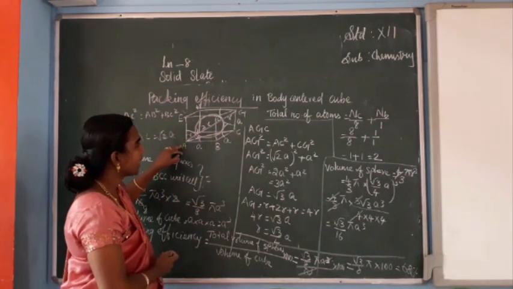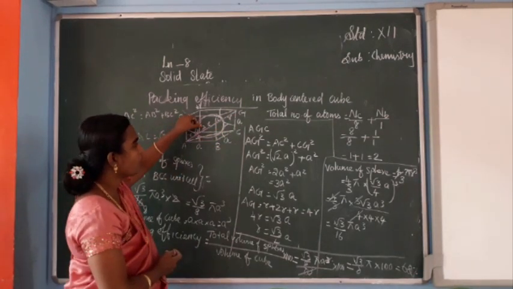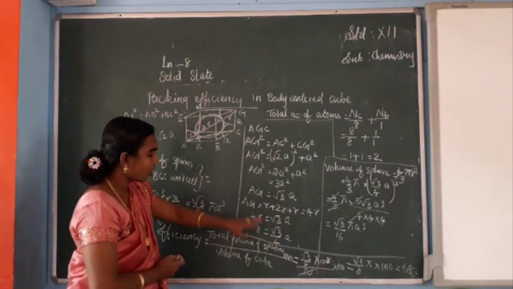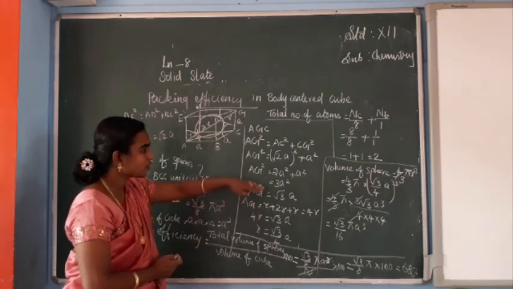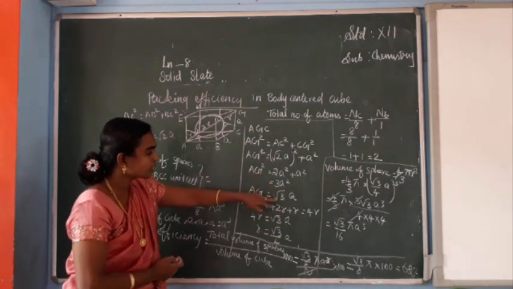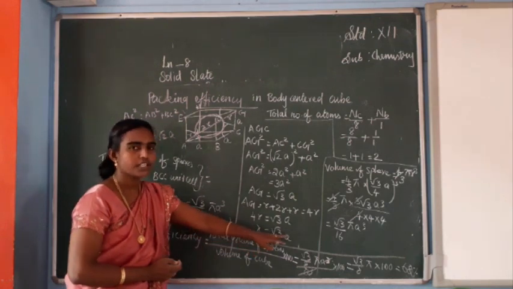So totally the A to G length we can write as r plus 2r plus r. So totally it is 4r, isn't it? So here the AG value, substitute in this equation. So 4r is equal to root 3a. Okay, so r is equal to root 3 by 4 into a.